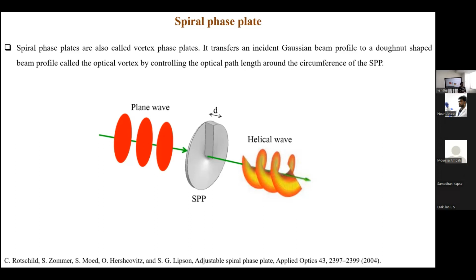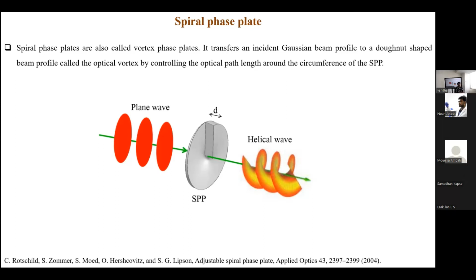And how do I get different topological charges? That plate is designed like that, which has some singularity. That phase itself has a singularity, and we can see that singularity by looking at it. That is because of the change in refractive phase.